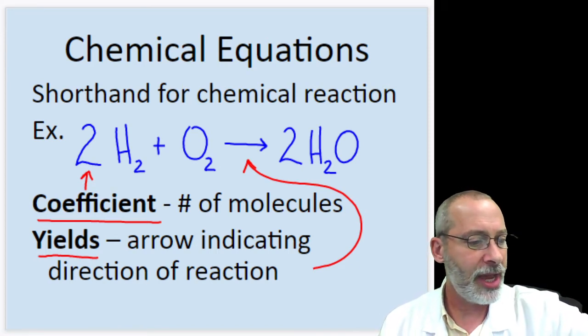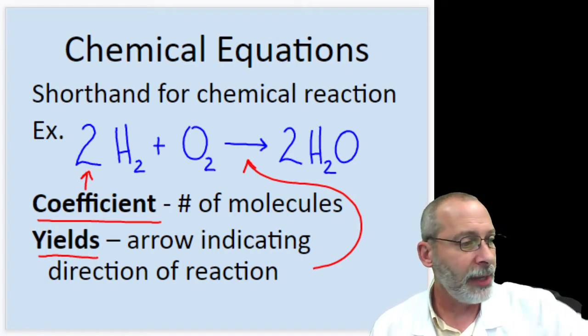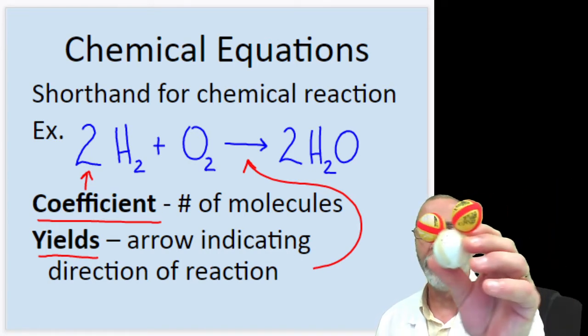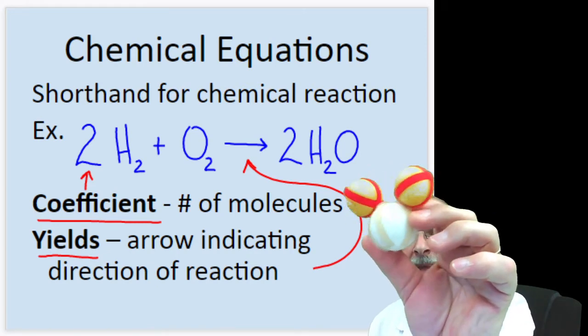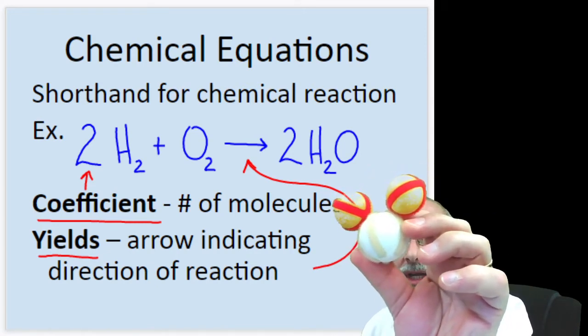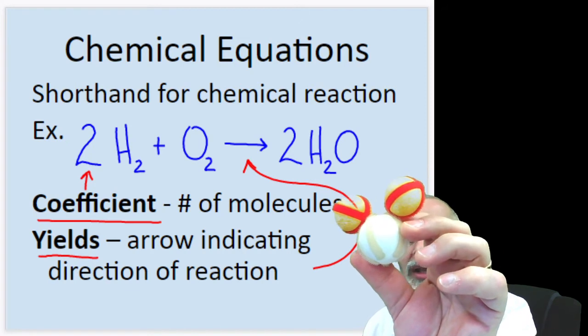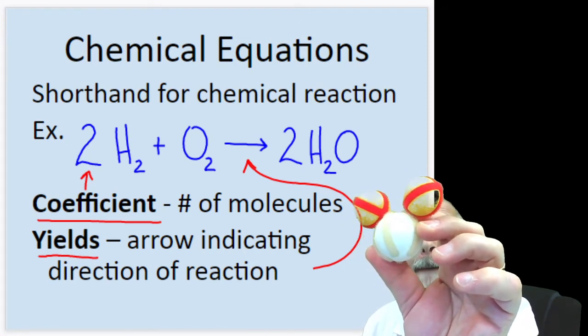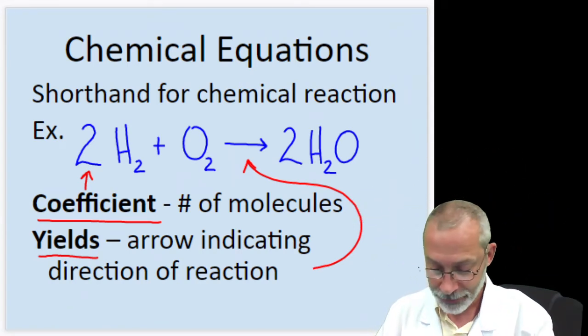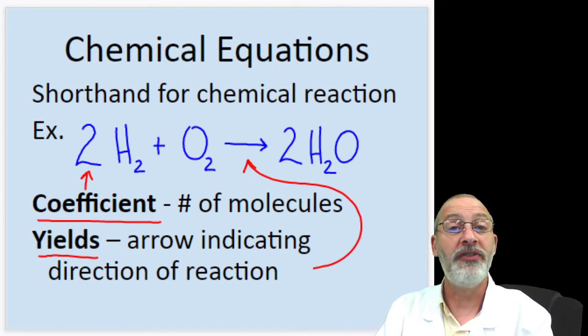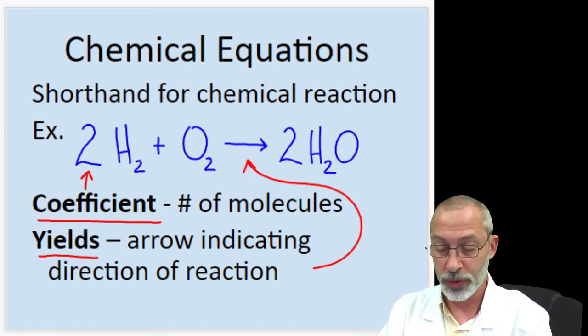So yesterday I showed you a model of water, and it looks like this. Here is a model of water, and more particularly, this is a model of one molecule of water. But you'll notice in this equation that there is a coefficient of 2 in front of that molecule of water.